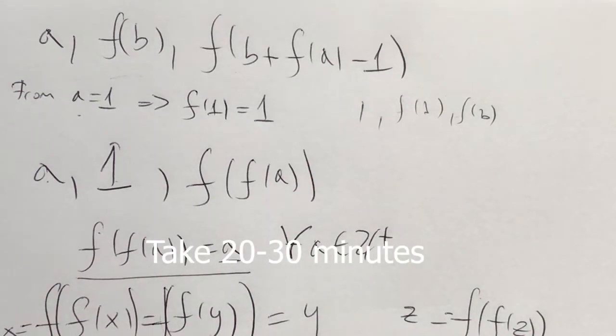What I would invite you to do now is take 20-30 minutes, put all of these ideas we've come up with so far together, and try to push the problem further, try to solve it, try to get some new ideas. But I would take 20-30 minutes to really think about the problem condition, and try some stuff out. Play around with it, explore, see how much you can extract from the problem.